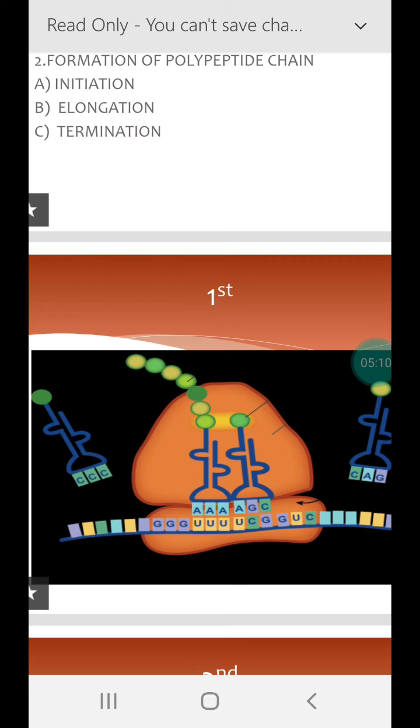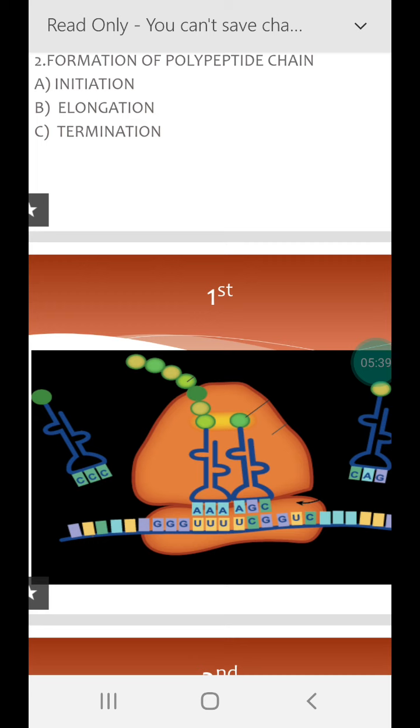The empty transfer RNA leaves from E site, that is the exit site, and only the amino acid AA1 tRNA complex binds at P site, that is the peptidyl site, directly, while all other incoming amino acyl tRNA complexes get attached first at A site and they are shifted to P site.